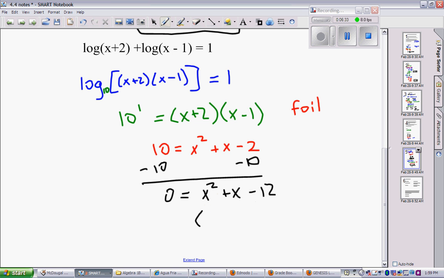We can factor that down into x plus 4 times x minus 3. So we get our two solutions. x is negative 4 or 3.